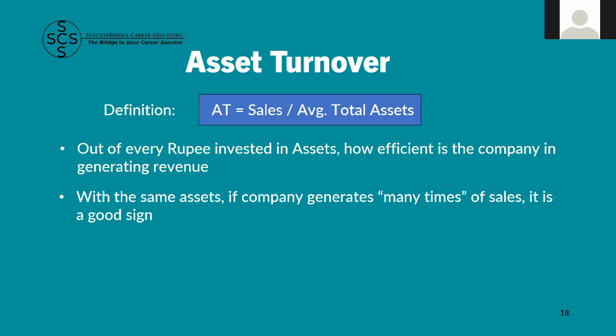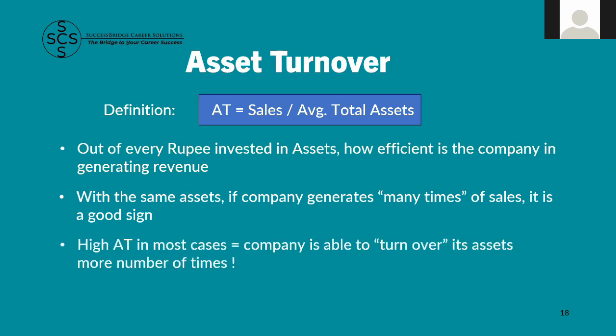Typically, in retail companies like DMart or some of the discount retailers, the items on the shelves are just flying off, so it is able to generate many times the sales from the same amount of assets. So a high asset turnover in most cases means that the company is able to turn over its assets more number of times.